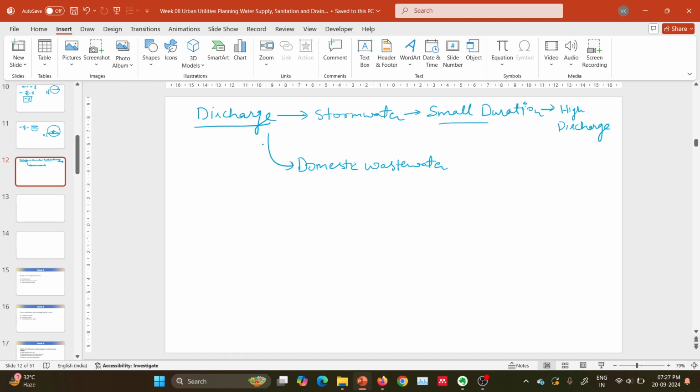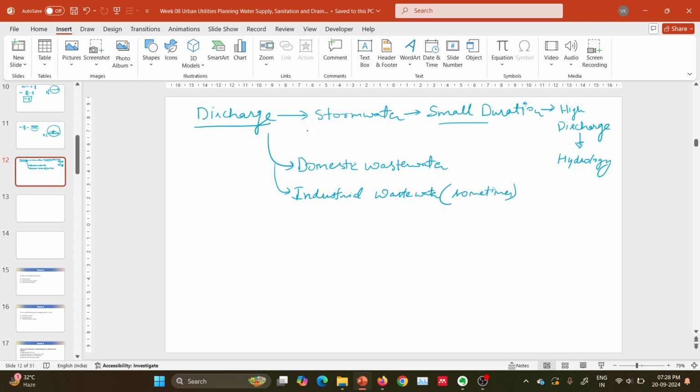So discharge here has two components. One is stormwater. That stormwater means rainfall, that is for a small duration, and it has high discharge, and it is calculated with the help of hydrology. The other component is domestic wastewater, and another can be industrial wastewater, which is sometimes mixed with the domestic wastewater.